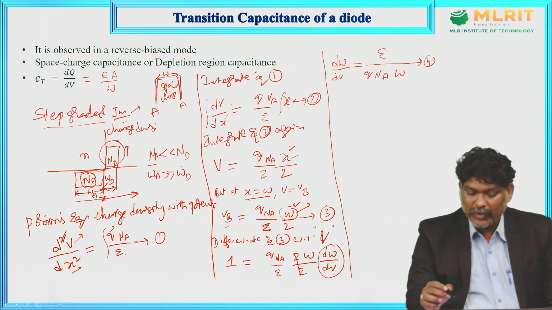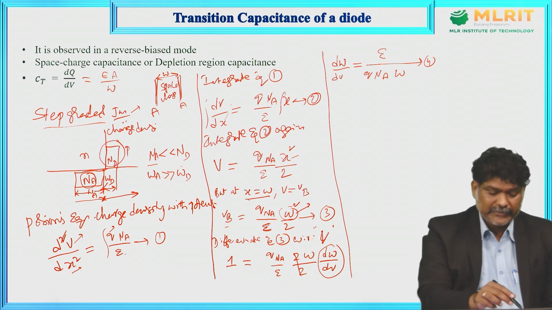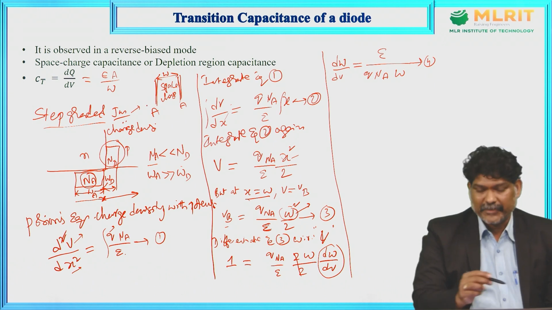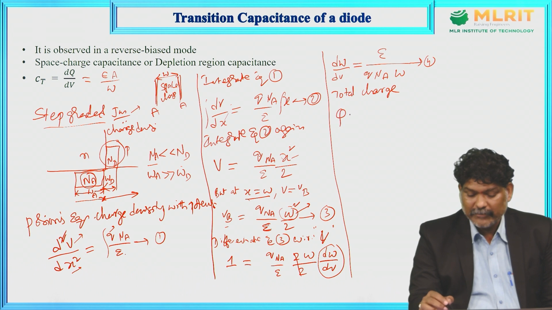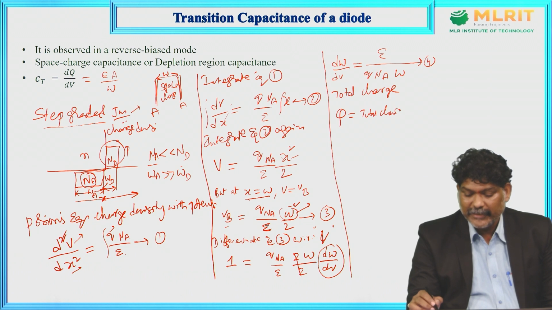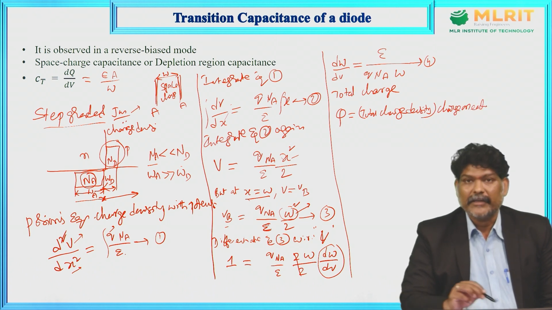Now let us talk about the total charge at the junction. The total charge at the junction is given by Q is equal to the total charge density into the charge on each particle.